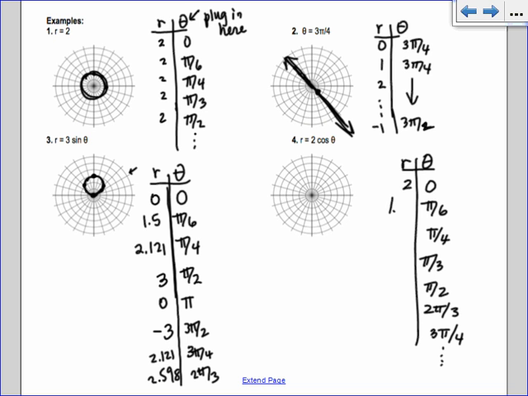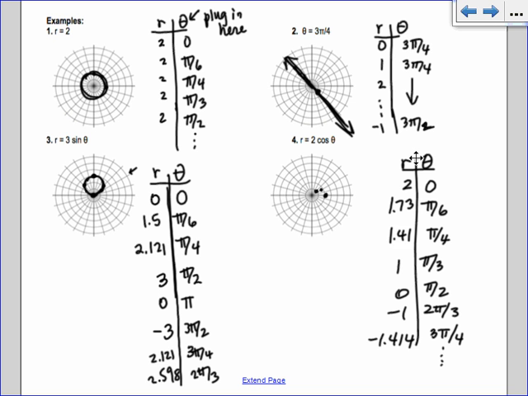You have 2, 1.73, 1.41, 1, 0, -1, -1.414. All right, so I'm going to have 2, 0. Along the pi over 6, I'm going to go out 1.73. Along the pi over 4, I'm going to go out 1.41. So see, I'm getting a little bit closer to the pole. Pi over 3, I'm going to have 1.